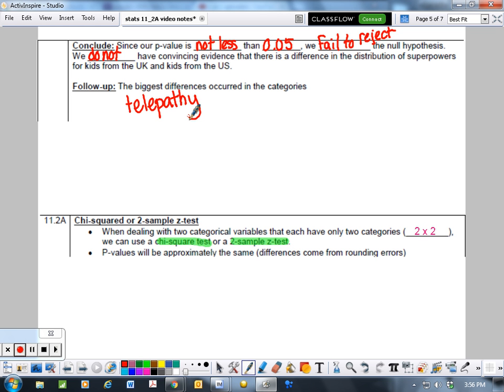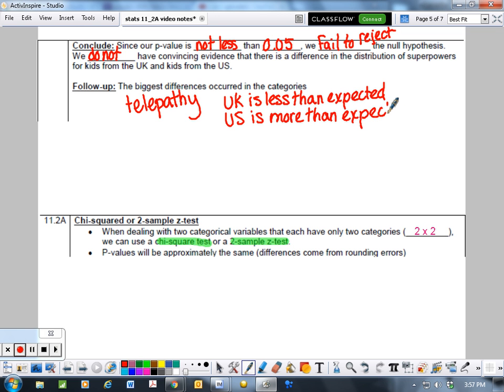And with our telepathy, we actually determined that UK is less than expected. And US is more than expected. And again, that could have happened by chance because of the fact that we failed to reject our null hypothesis. So could have happened by chance.